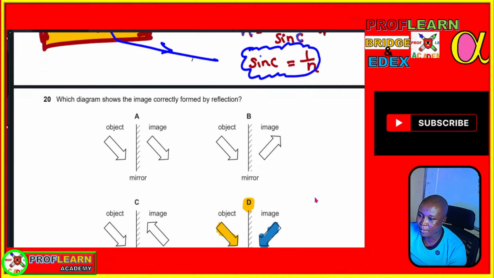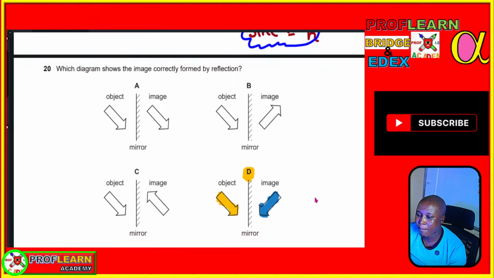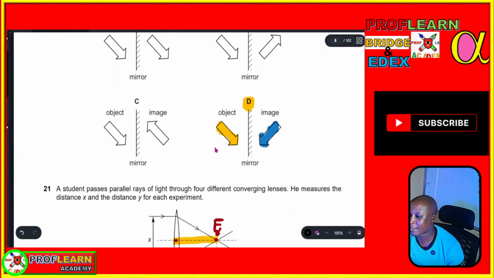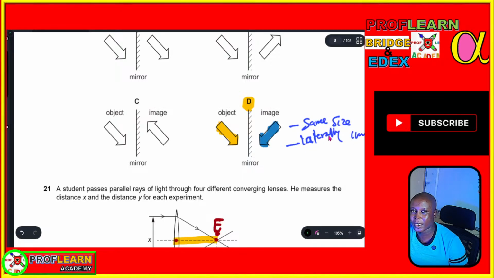Which diagram shows the image formed by reflection? Remember, images formed by mirrors have these characteristics: same size, laterally inverted, meaning the left is on the right and the right is on the left.